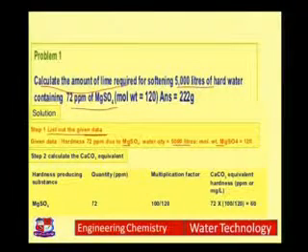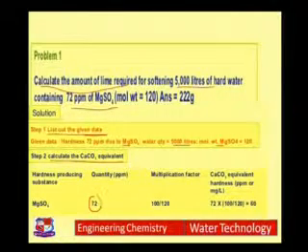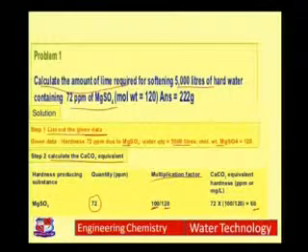And then we convert it into CaCO3 equivalent, which is done by multiplying 72 with the multiplication factor, and the multiplication factor is nothing but 100 for CaCO3 molecular mass and 120 for magnesium sulfate molecular mass. It gives you 60, meaning 60 ppm in terms of CaCO3 equivalent hardness of magnesium sulfate is there.